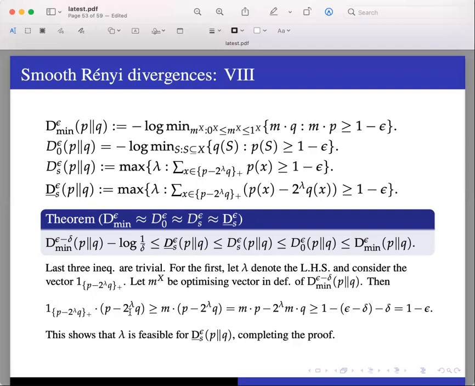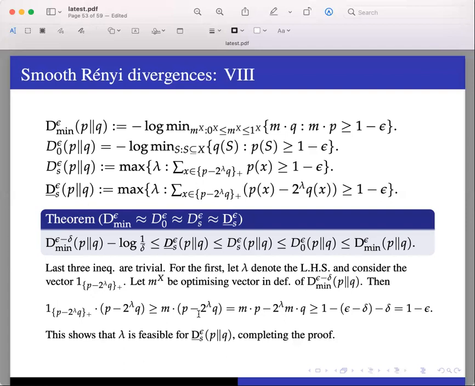So basically I'm looking at the sum of the coordinates with positive values only. This is just a fancy way of saying: look at the vector p minus 2 to the lambda q, throw away the negative coordinates, and now add up the values in the positive coordinates. That's what this is. I claim that this is larger than m dot p minus 2 to the lambda q.